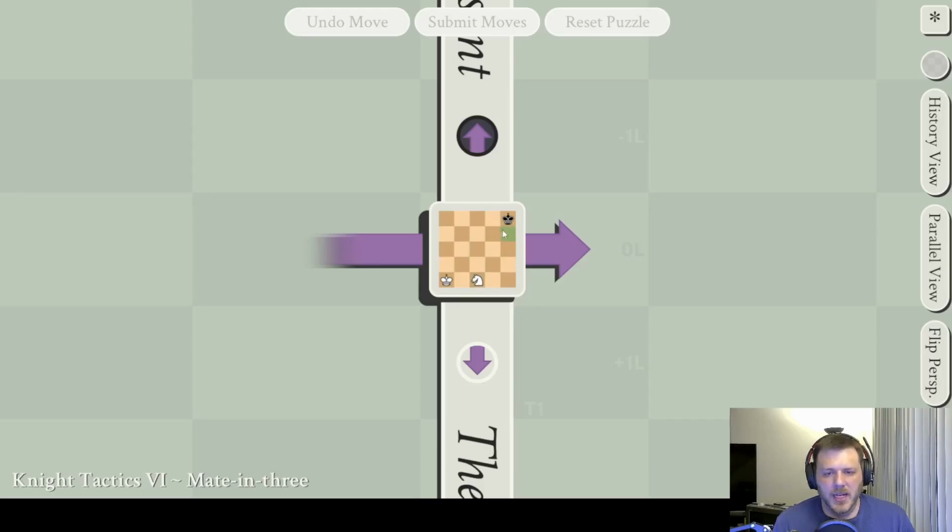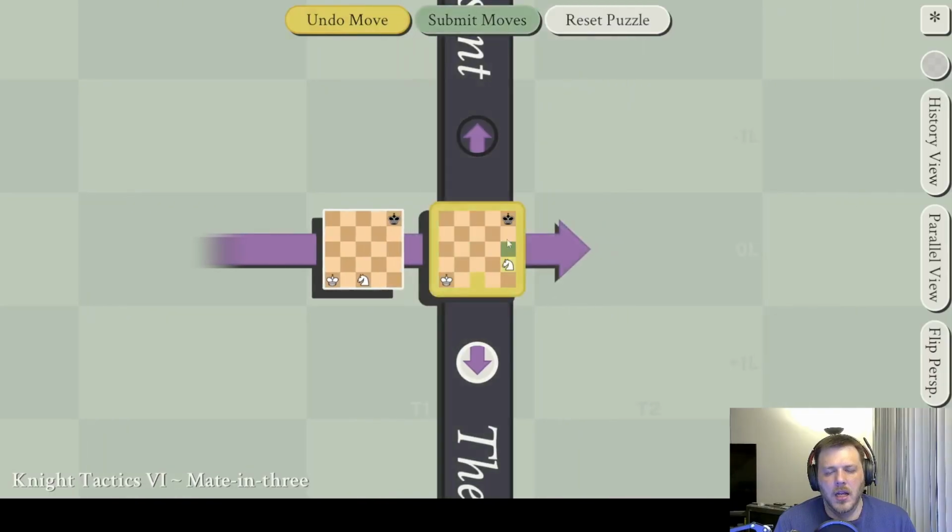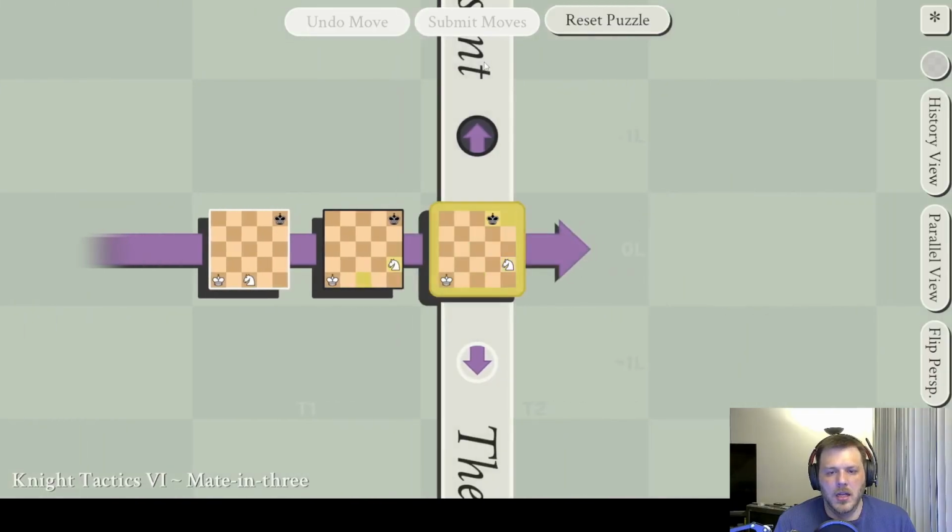Here or here will be hard because he can take it. So here or here. But he's going to move away from that immediately. Yep.